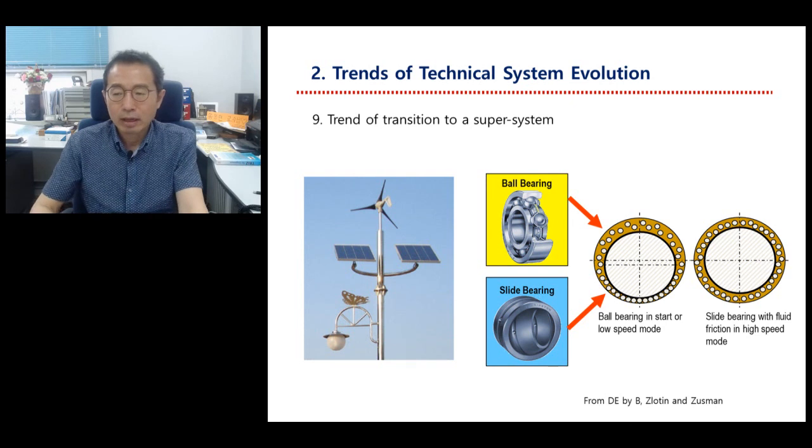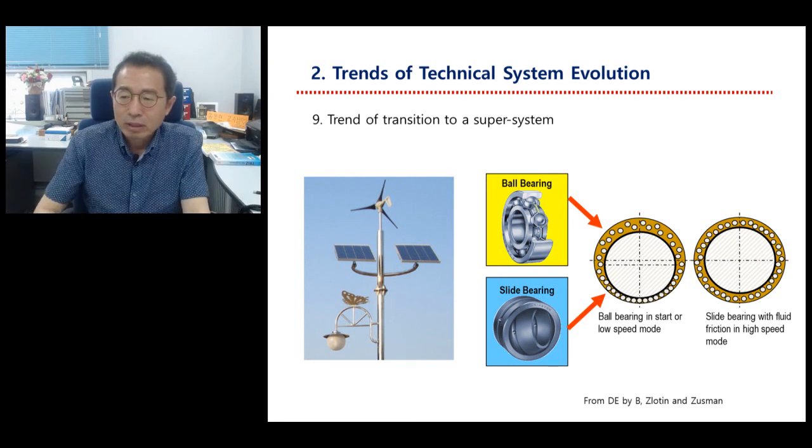Since then, however, with the fourth industrial revolution, industries such as IT, big data, artificial intelligence, and robots have been developing rapidly. So analysis of technological evolution trends in this area is very necessary.